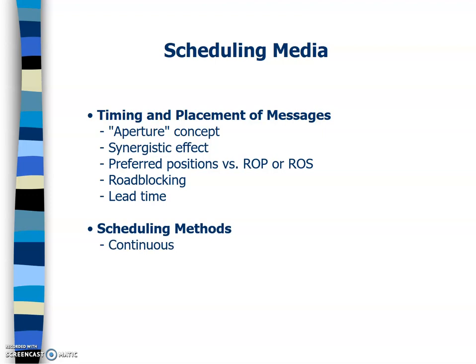Just imagine that we have a budget of $120,000. With a continuous scheduling method, we would say, let's put $10,000 every month. Then we have a continuous amount of advertising every month, $10,000 worth.